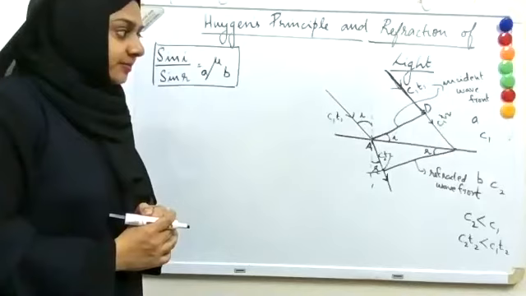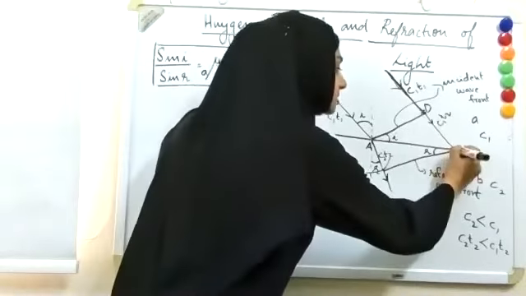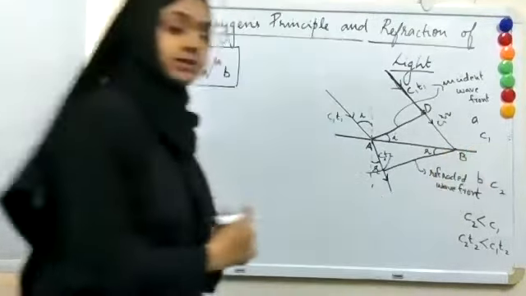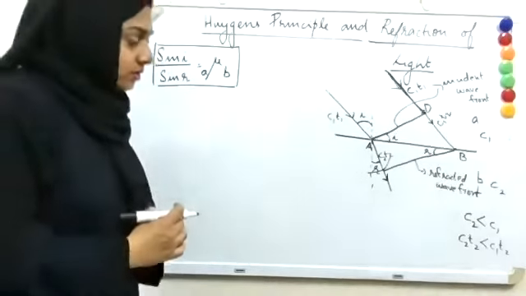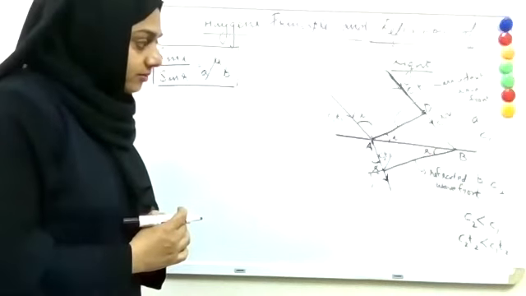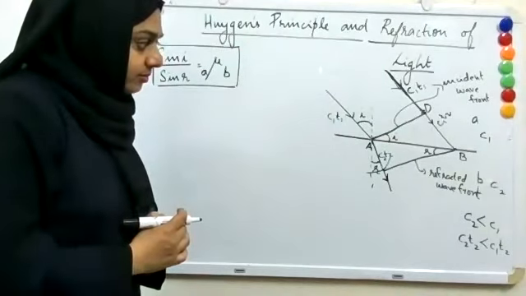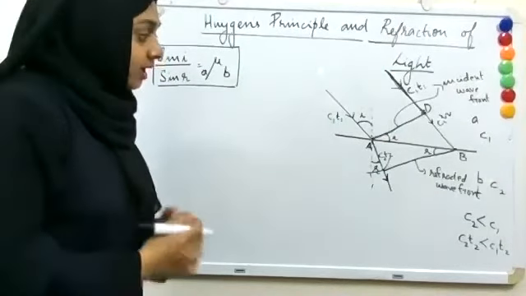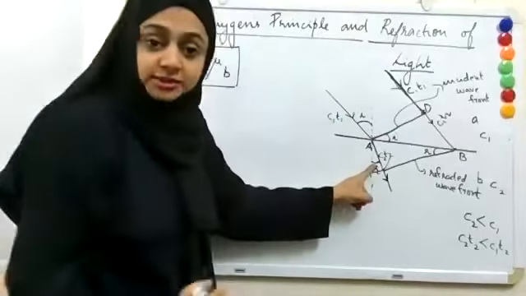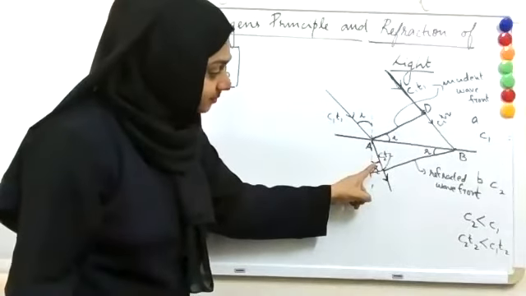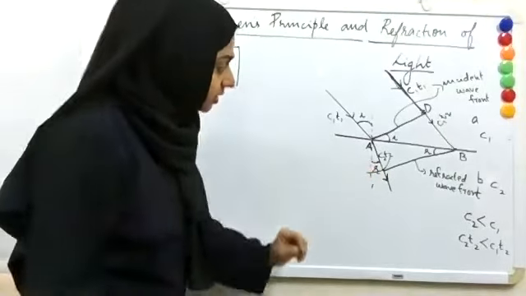Is that fine? Now let me mark this. Teacher, sir, I have a doubt in this one only. Like how you took R, both of them angle R. This is the angle of refraction, no doubt about it, right? Yes.